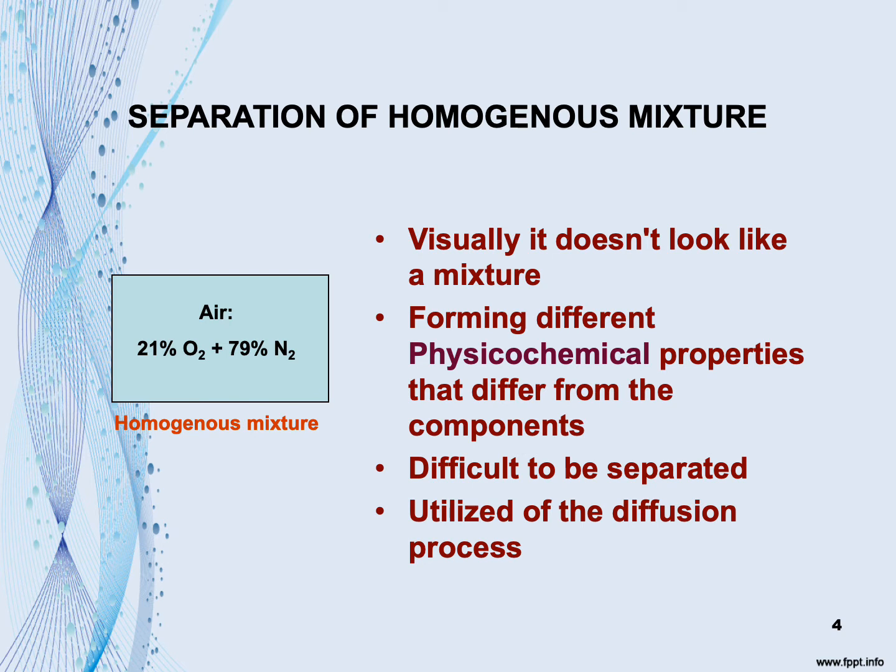For example, a mixture of air will have different physical and chemical properties compared to pure oxygen or pure nitrogen. It's also difficult to separate, so it can be separated by utilizing the diffusion process.